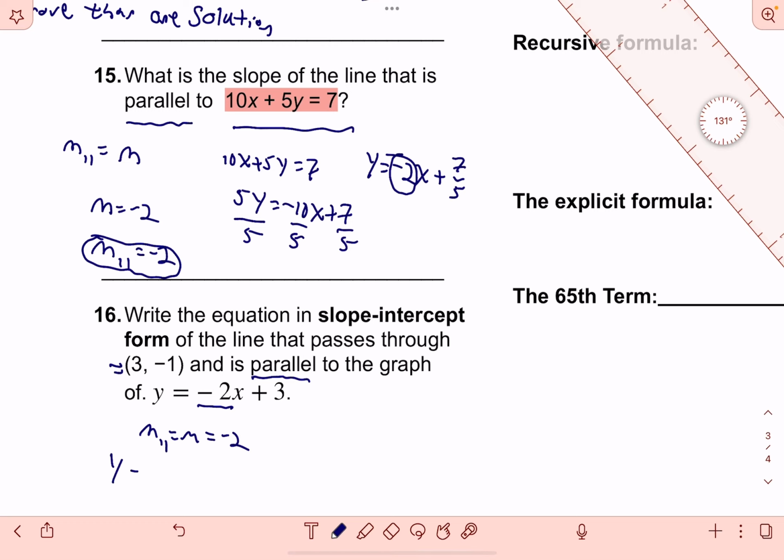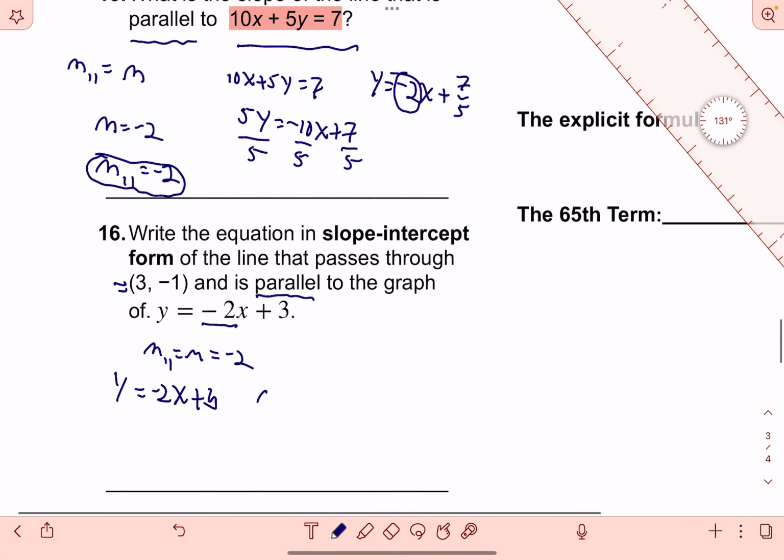So we can write y equals negative 2x plus b. Now use the point (3, negative 1).